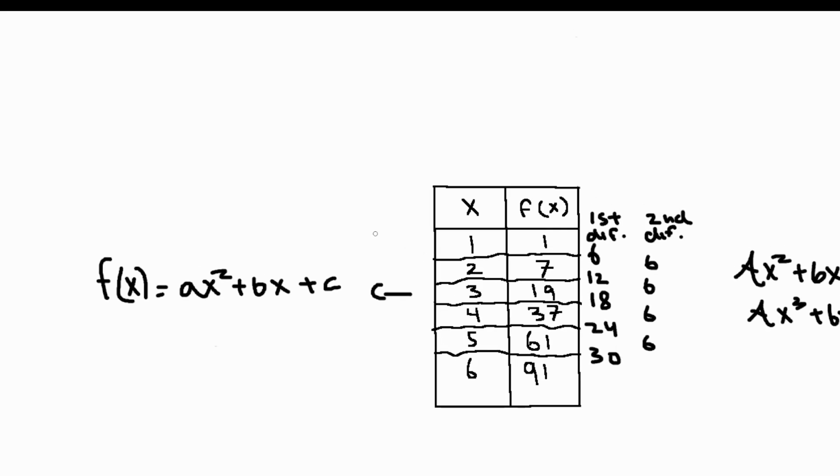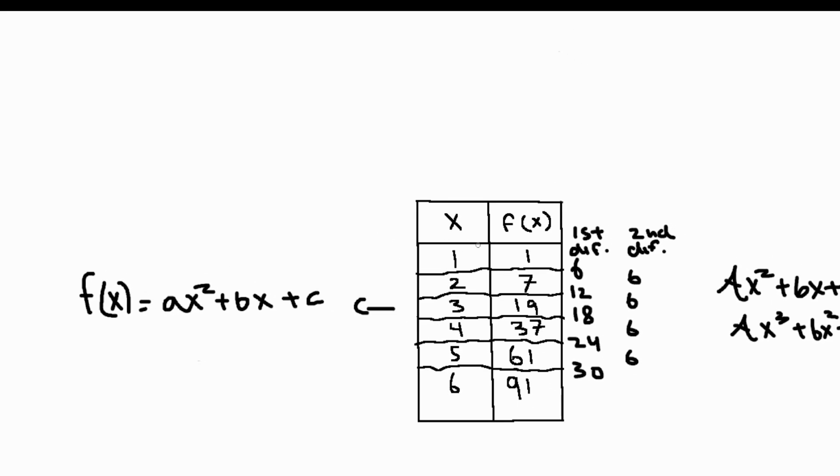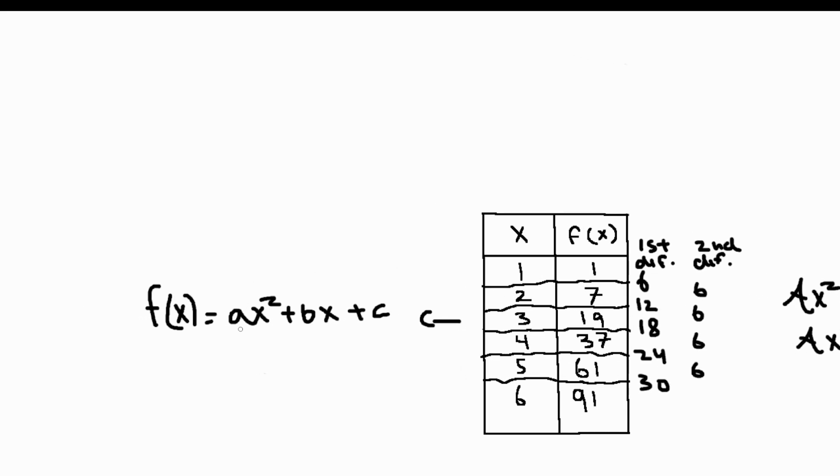Well, we know when f of 1 is equal to 1, right? We look at this. When we put in 1, we get out 1. So let's put in 1 for this equation right here. So f of 1 is equal to a 1 squared plus b1 plus c.